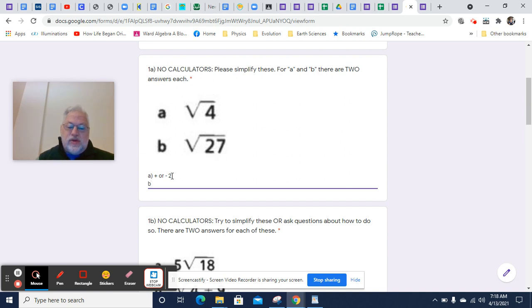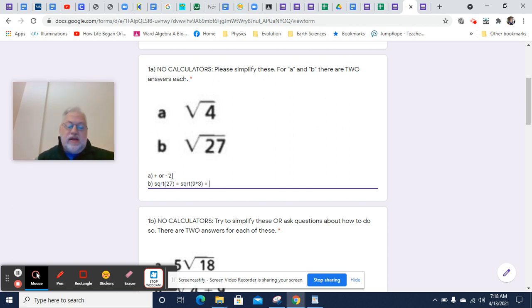Now B is a little trickier. For B, I'm going to say SQRT of 27, because that's what I've got for formatting in this thing. The square root of 27 could be broken into the square root of 9 times 3. So we could get the square root of 9 without resorting to fancy irrational numbers that you can never finish writing and never have a repeating pattern.